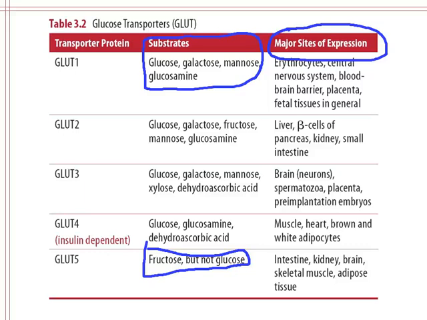So for example, GLUT1 you're going to see more in the nervous system and active in the nervous system, where GLUT4 is really known more for its activity in muscle tissue and adipose tissue, although it is also present in some other tissues like cardiac tissue, as well as some white blood cells. So this isn't that they're only active here, but really the major site of expression. But be aware that there are differences in what each of those transporters bind and where they are predominantly active.